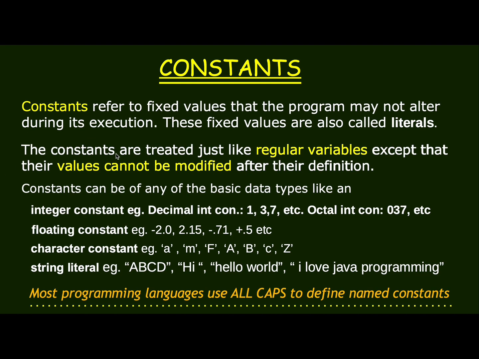Now the constants are treated just like regular variables, except that their values cannot be modified or changed after their definition. So, as I already said, you can't change these particular values. If you have keyed in your code, those particular values cannot be modified again.